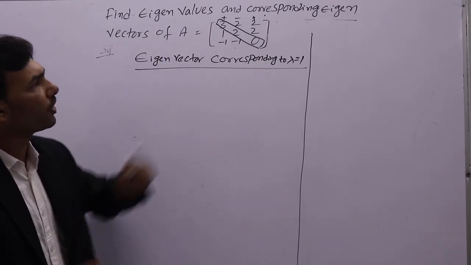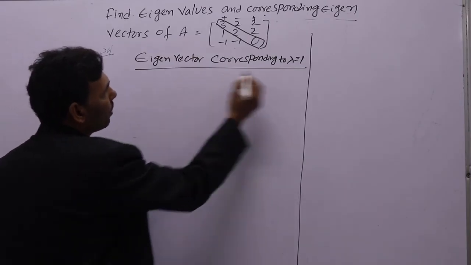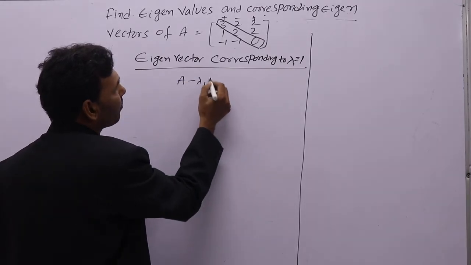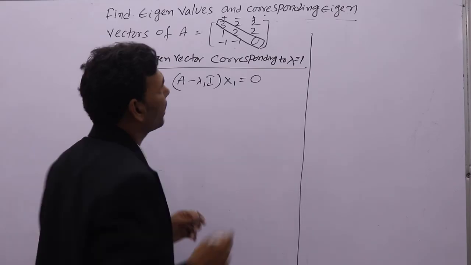Eigenvector corresponding to eigenvalue lambda equal to 1. For that we need to solve the homogeneous system A minus lambda 1 into I into x1 equal to 0.